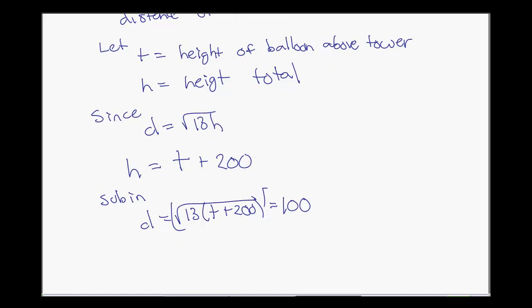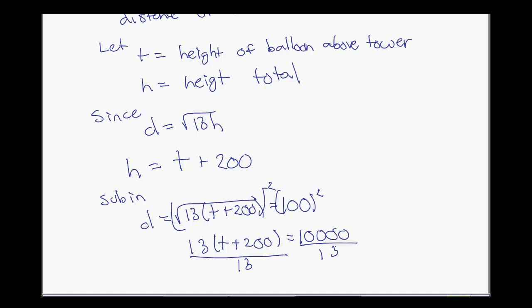Let's get rid of our square root by squaring both sides first. Now we're left with 13(t + 200) = 10,000. Then divide by 13 on both sides, and we're left with t + 200 = 10,000/13.